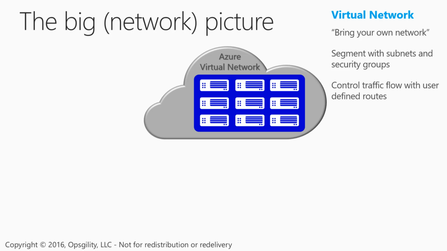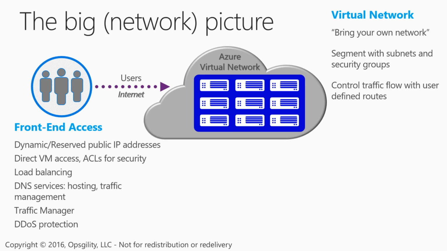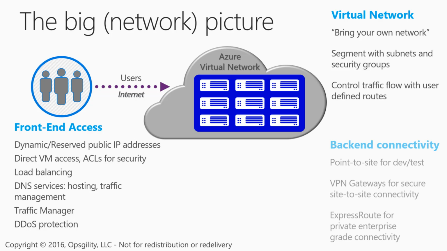In a virtual network, I define the address space and partition that address space into as many subnets as are required by my workload. There is front-end access into the virtual network, exposing capabilities like public IP addresses, load balancing, and DNS services.